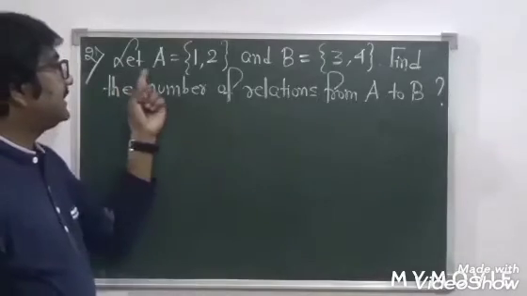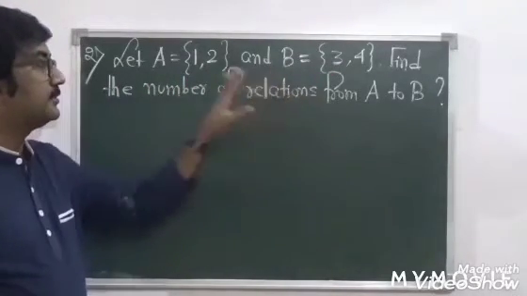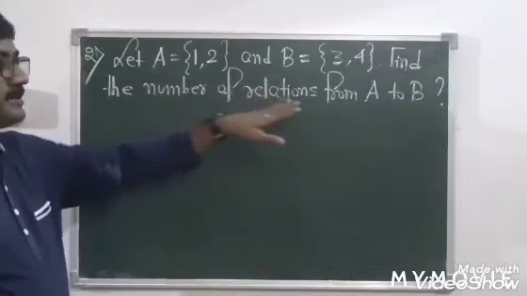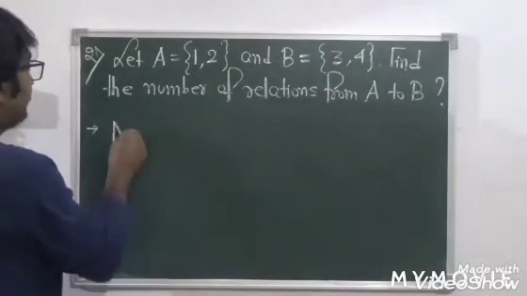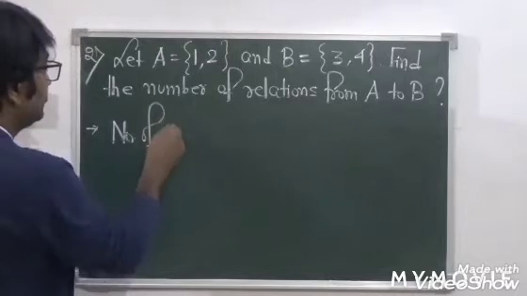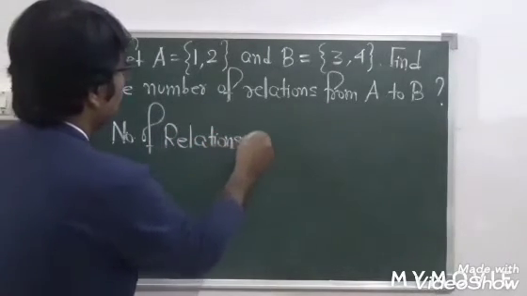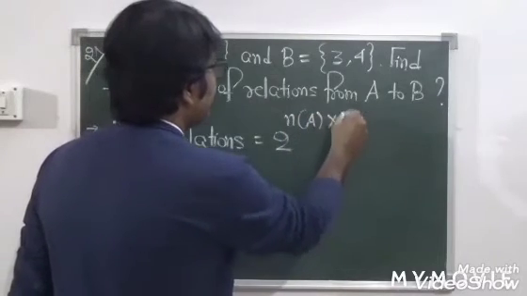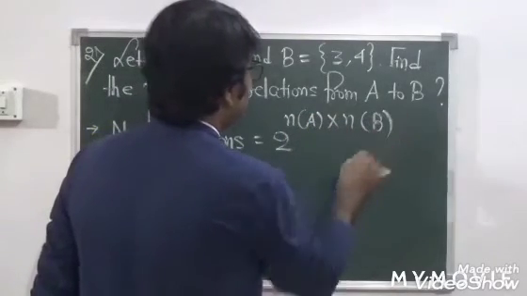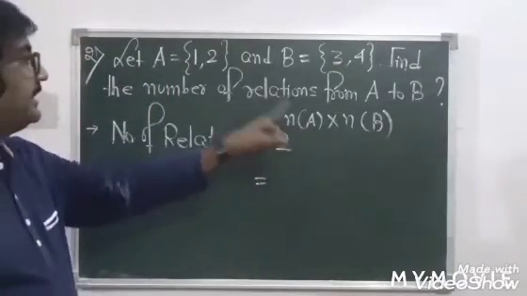Let us see the next question. Here let A equal 1, 2 and B is 3, 4, the two sets. Find the number of relations from A to B. We have discussed already that the number of relations is given by 2 power the number of elements in set A multiplied by the number of elements in set B. What is the total number of elements present in set A? 2.